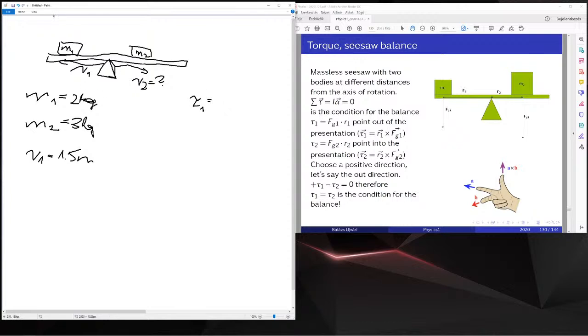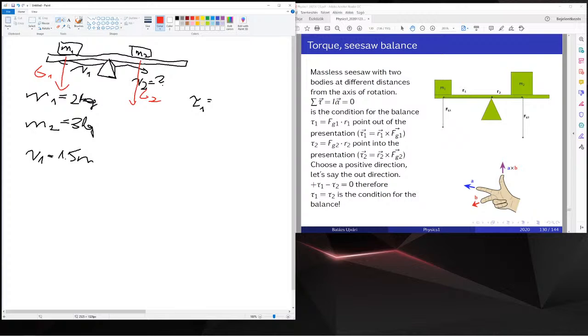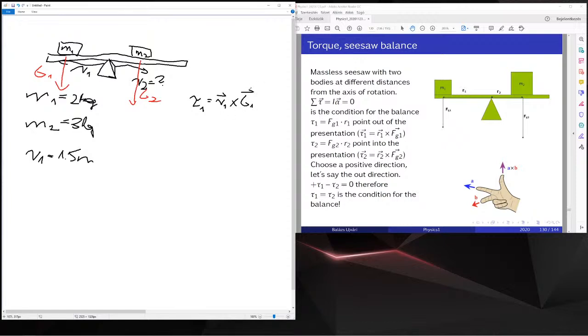You remember, we have a weight here, we have another weight here, and the torque tau is R1 cross G1. These are vectors, so I can only answer what the direction of this torque tau is.